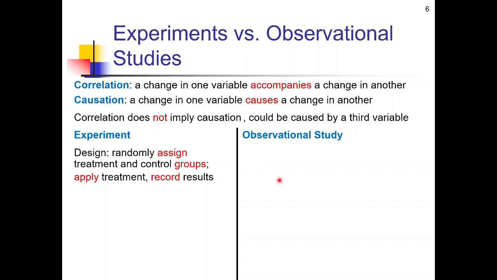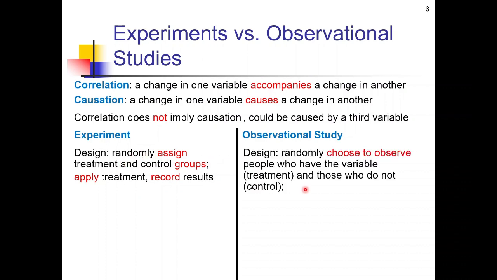With an observational study, in contrast, we're not actually applying anything, so we don't assign people to control or treatment groups at all. Instead, we randomly choose to observe people who have the variable that we're looking for. We call them the treatment group, and those who don't have that same variable, we call the control group.